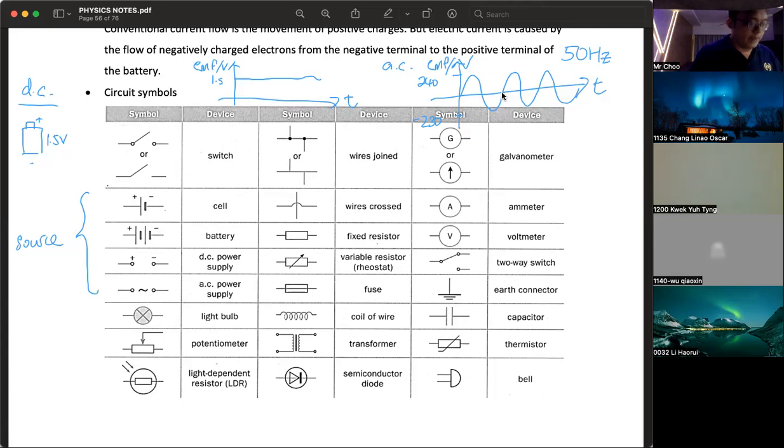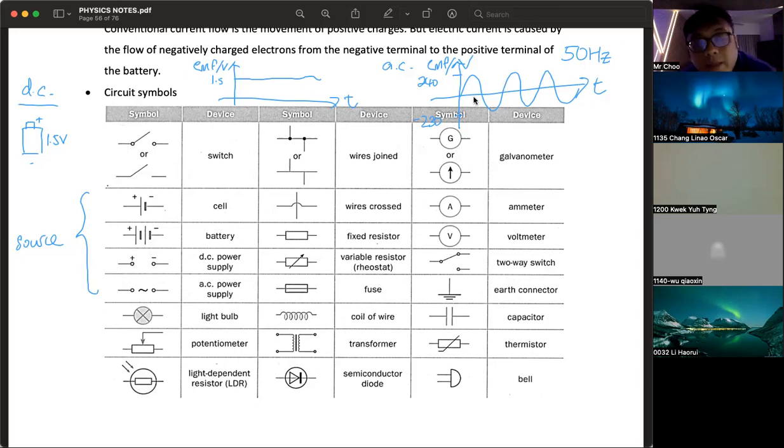Before you buy something, you need to check whether the AC power of your item, whether you're buying your charger or your camera charger and so on, fits into Singapore.